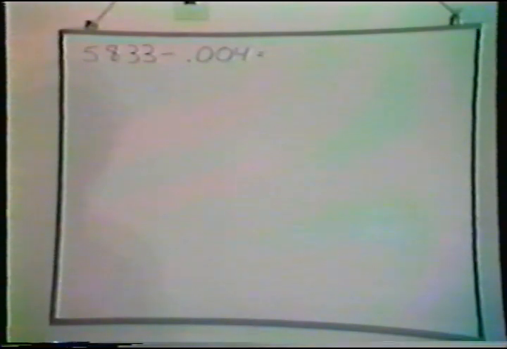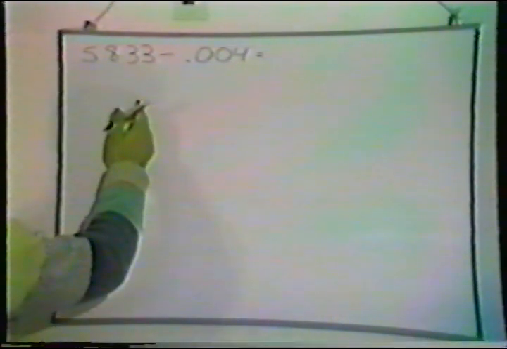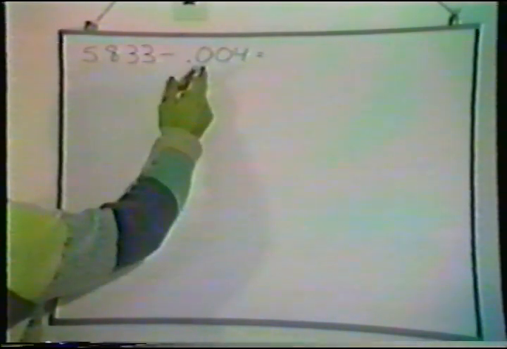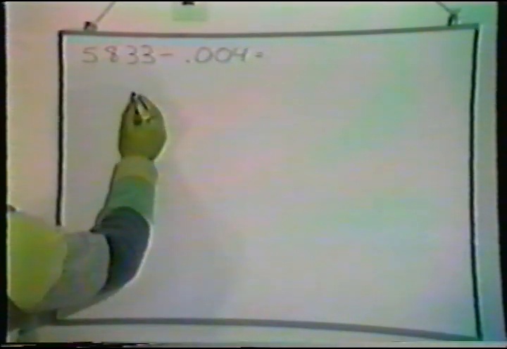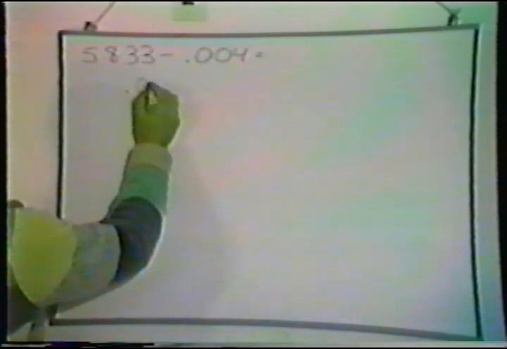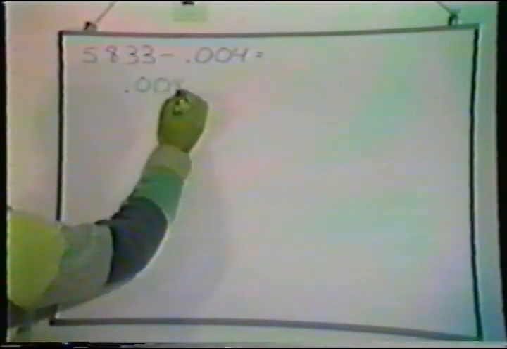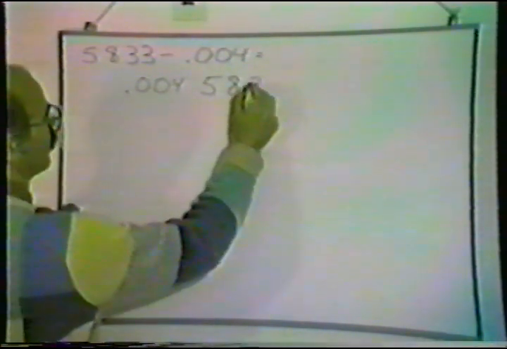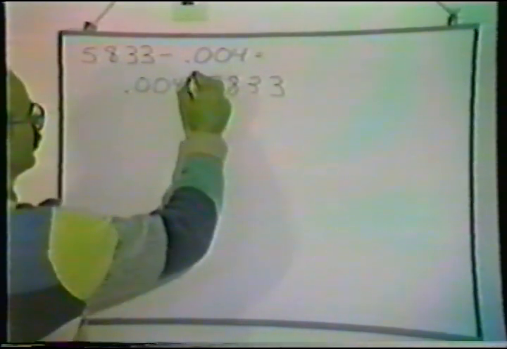Which number do I put on the left when I divide? The 5833 or the 0.004? The 0.004. So it's 0.004 into 5833.